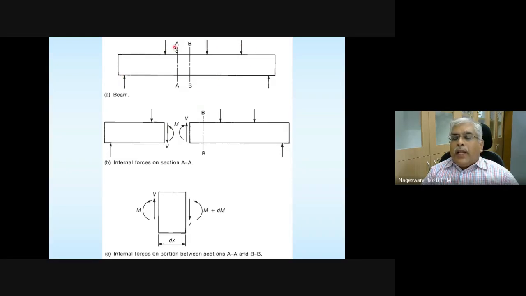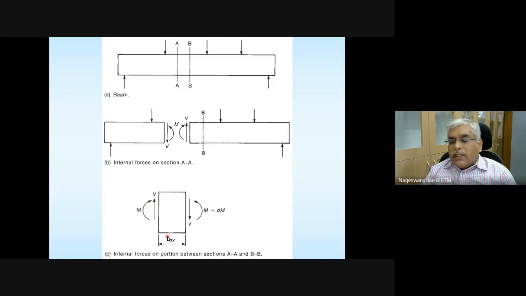Now if you take sections like this, A and B, and draw the free body diagram showing all the internal forces, this is how it looks. If you take the element here and draw the free body diagram, this is what it is going to be. Moment M acting on this side.